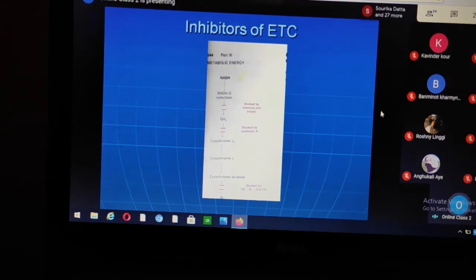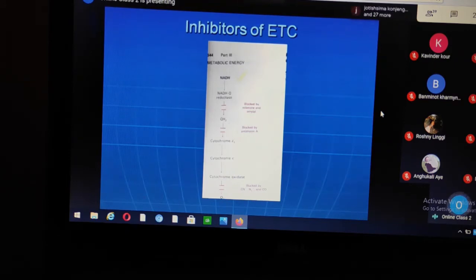is blocked by cyanide, azide and carbon monoxide. Now this is the reason why cyanide, azide and carbon monoxide are highly toxic, highly poisonous to our system. This is just because they block the final step of the oxidation of the reduced coenzyme.